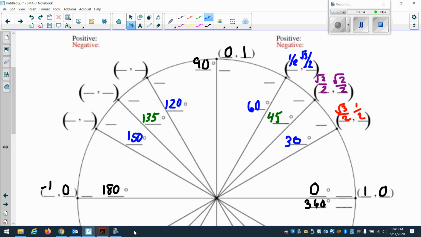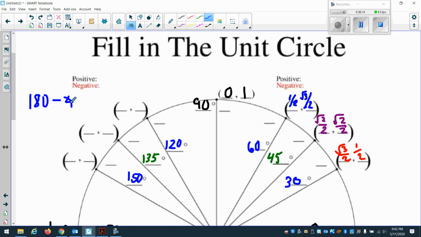All right, once you head into the second quadrant, remember you could use your reference angles, meaning they're going to be the same exact coordinate, however, different signs. So it's 180 minus the angle you're looking for, okay, to find your reference angle.